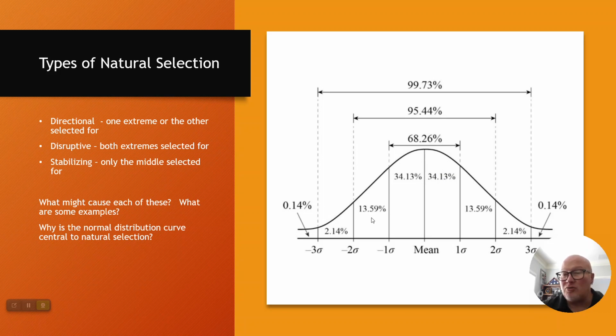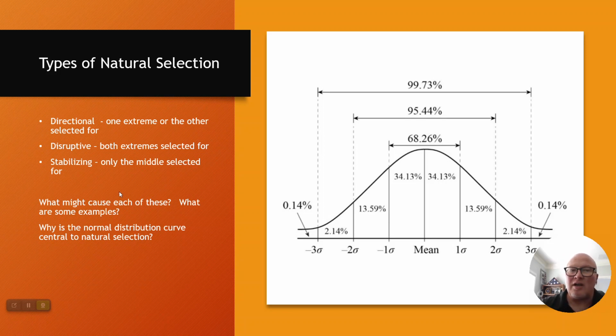Plus or minus 2 standard deviations, and you're going to have 95% of all humans fit within that height. You're still going to have this 0.14% way up here that's greater than 3 standard deviations above the mean height, and about 0.14% of the population that is minus 3 standard deviations from the mean height. And that's just one example.